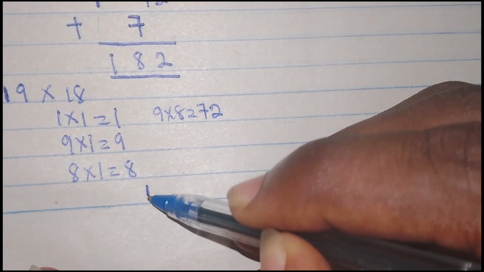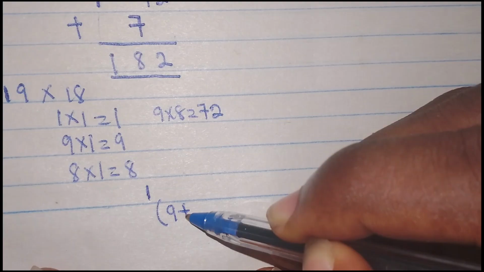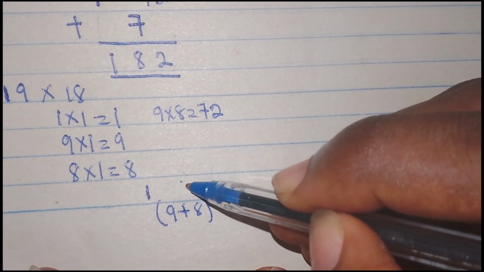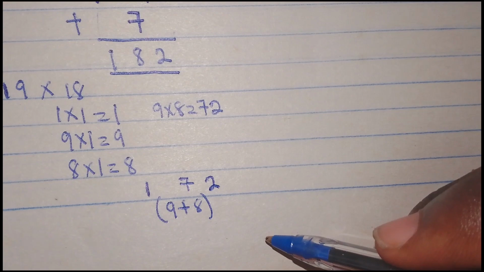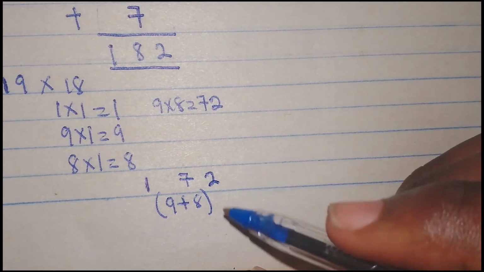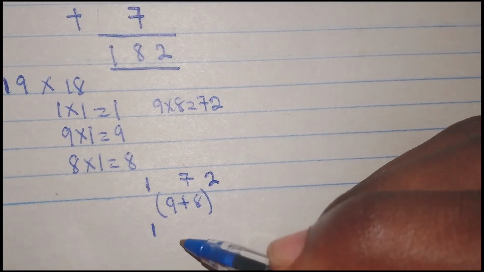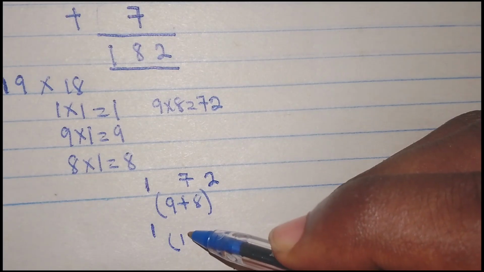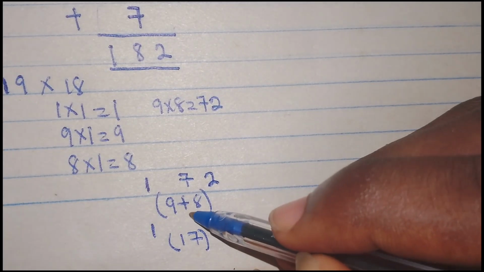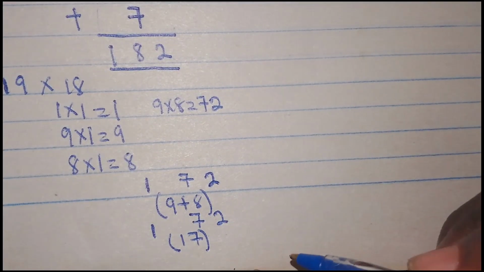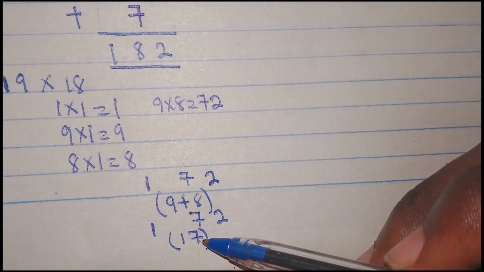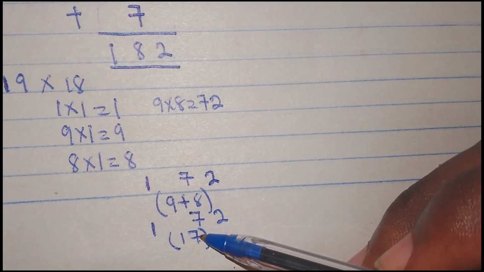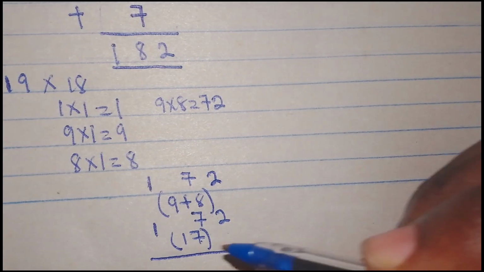So 1, then in brackets 9 plus 8, then 72. So when I arrange, I have 1, then in brackets 17, then 72.